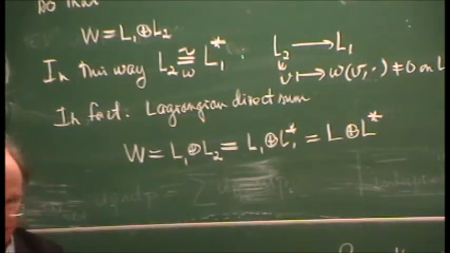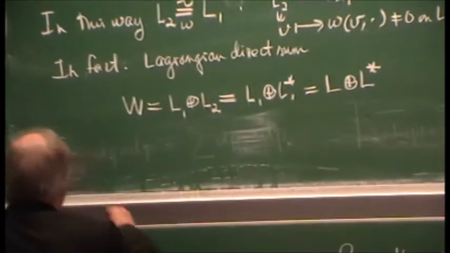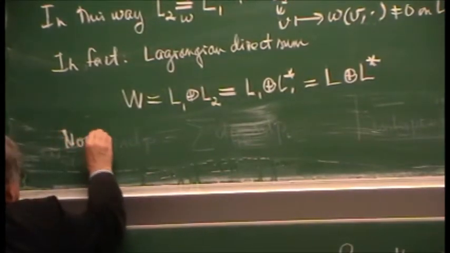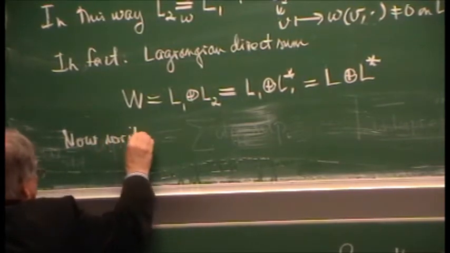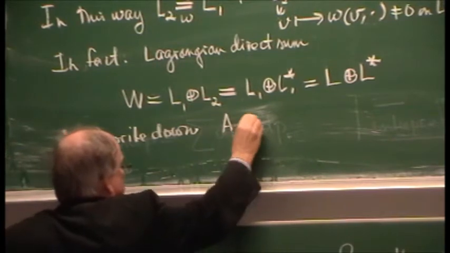So there are many ways, and now you can write down the symplectic basis. So now write down A as above.